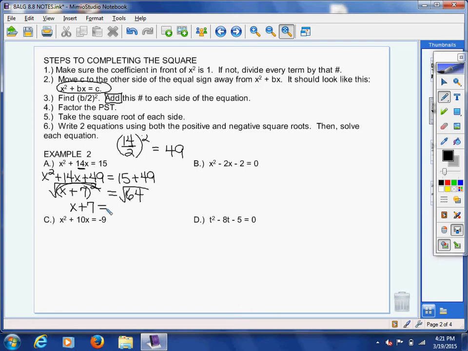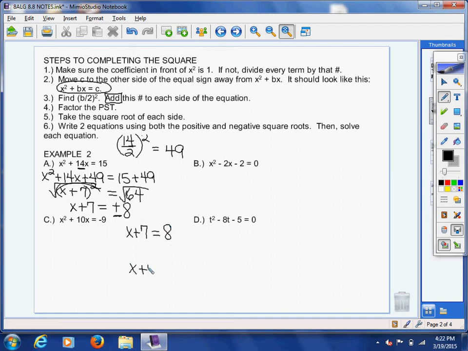You can have 8 times 8, so positive 8. And there's also negative 8. Negative 8 times negative 8 is also positive 64. So there are 2 equations here. And here are what your two equations are. I'm going to have to go down a little bit. X plus 7 is equal to 8.